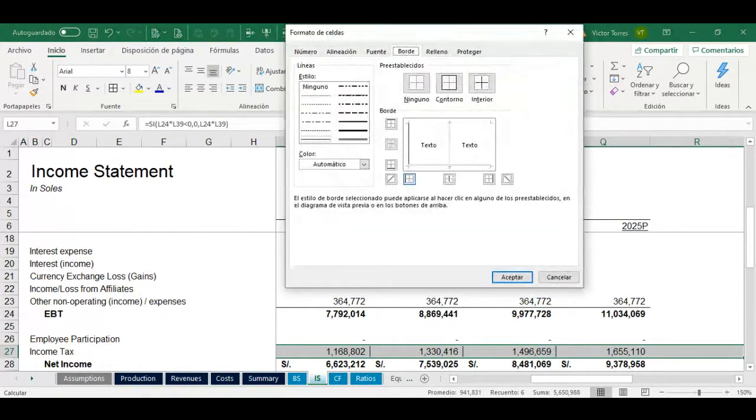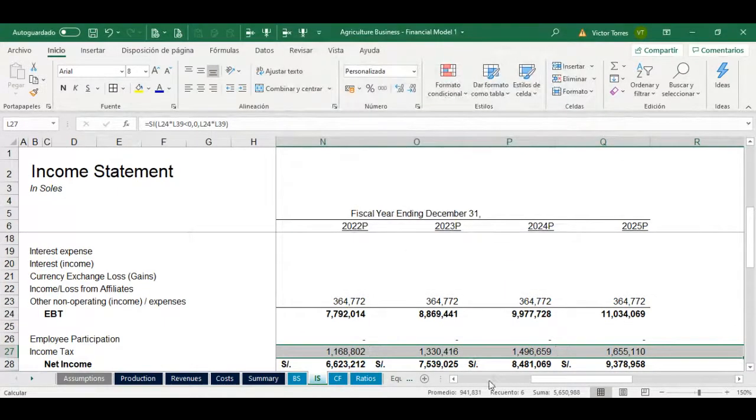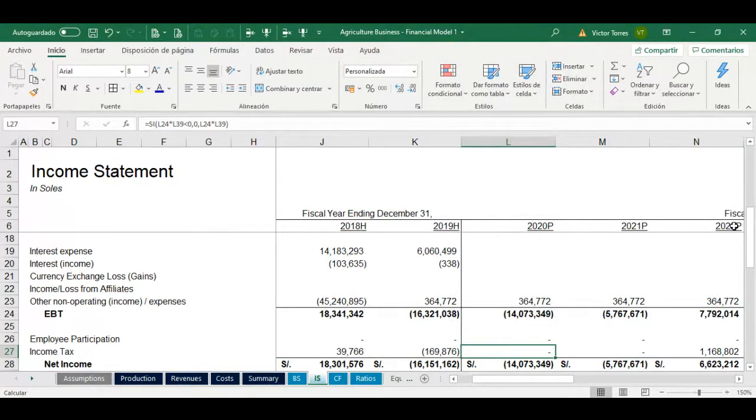Because if you have negative profit, if you have earnings before taxes that are negative, you're not supposed to pay taxes, right? And those negative profits, as we're going to see in future classes, can be used to compensate future payments.